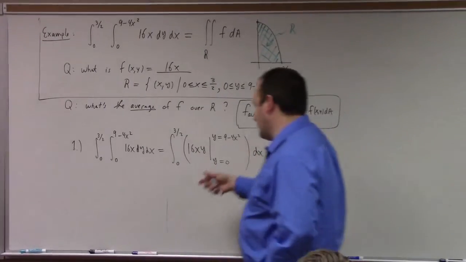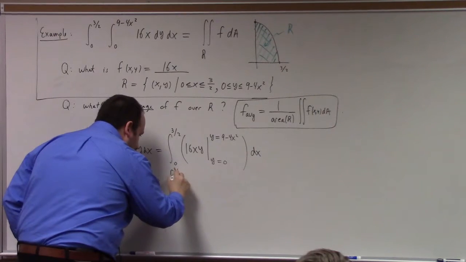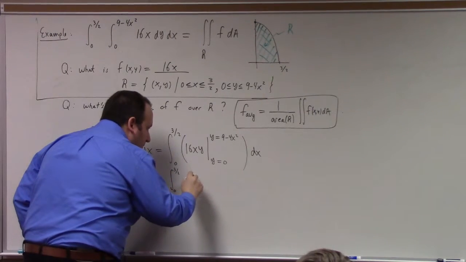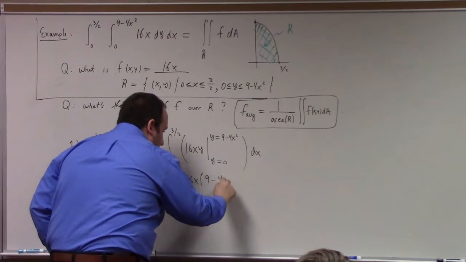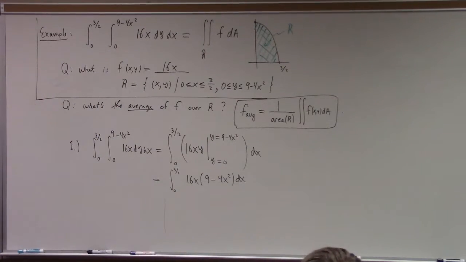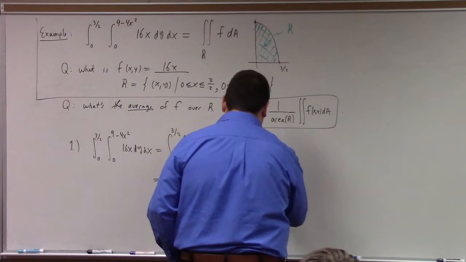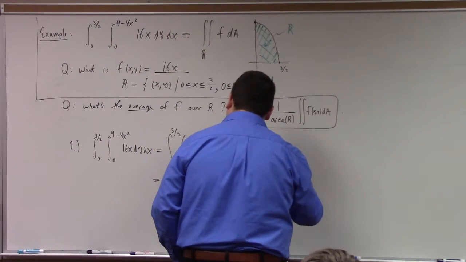Let's see here. What does this give us? This gives us the integral from 0 to 3/2 of 16x times 9 minus 4x squared dx. I'll multiply it out. What is 16 times 9? 144?